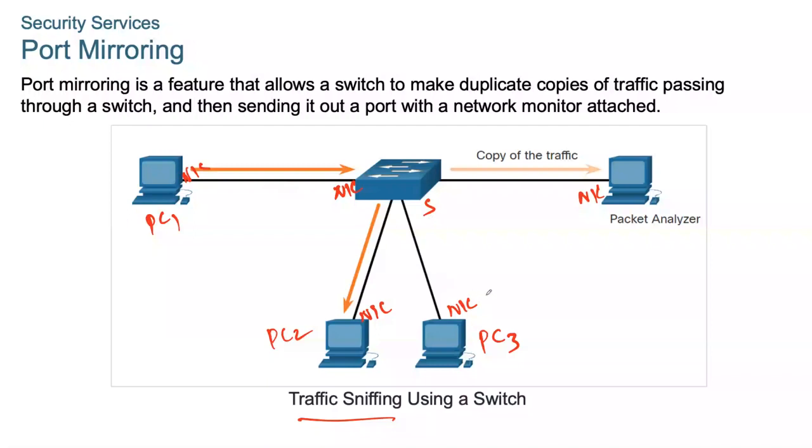So sometimes it is better to use a separate station for packet analysis. Whatever packets are captured by your switch, one copy of that traffic is given to your packet analyzer, so that the port mirroring will not affect the traffic flow from PC1 to PC2 or PC1 to PC3.